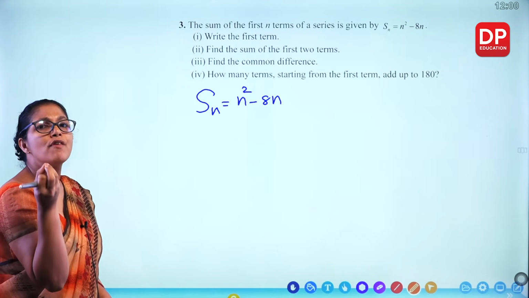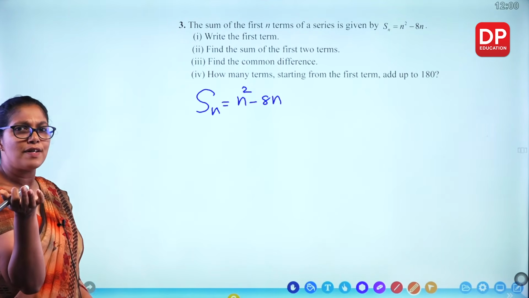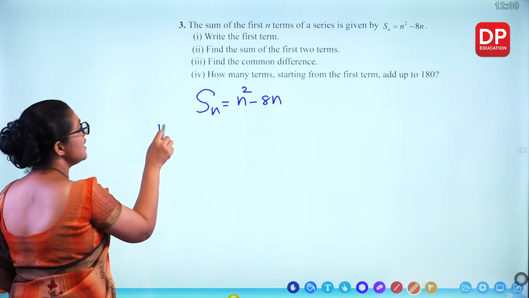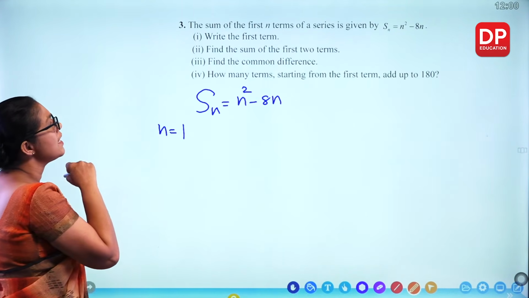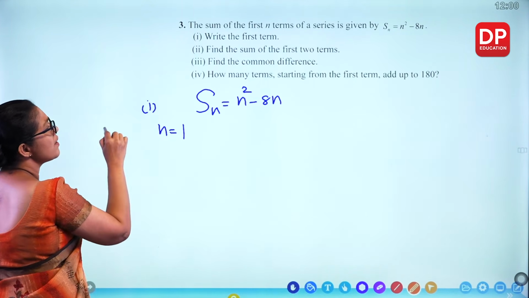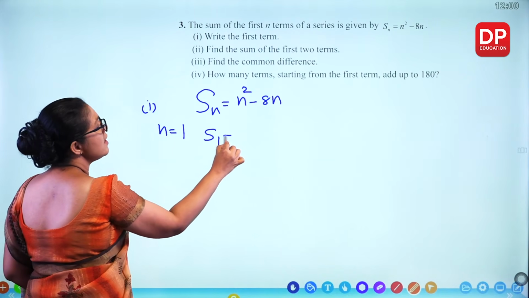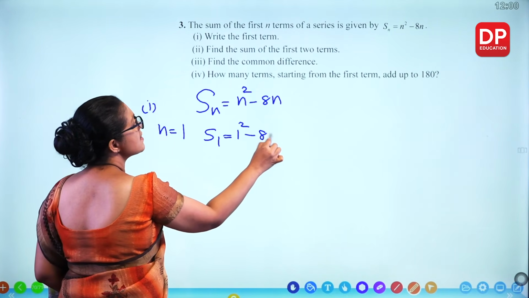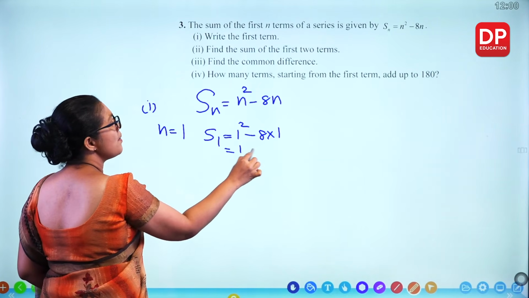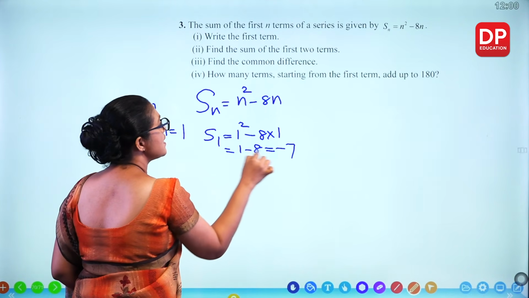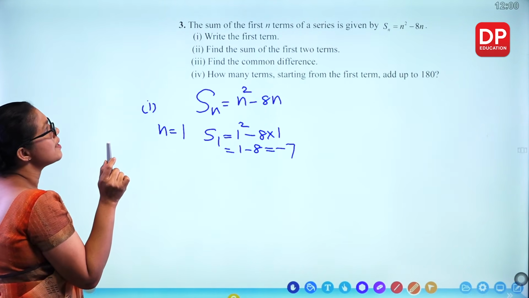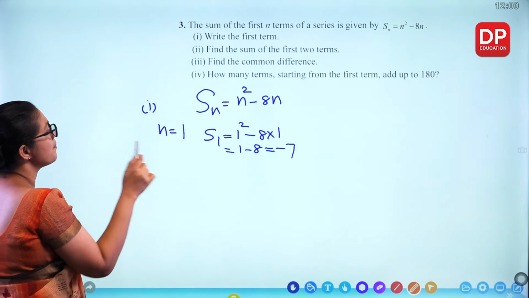What's the sum of one term? It means the first term. So basically, substitute n equals 1. S1 equals 1 squared minus 8 times 1. 1 minus 8, that's minus 7. So the first term is minus 7.